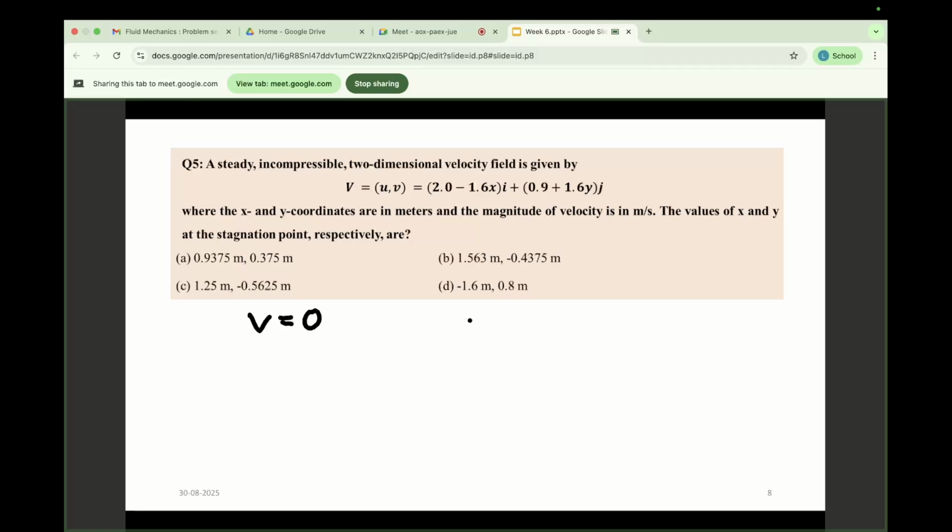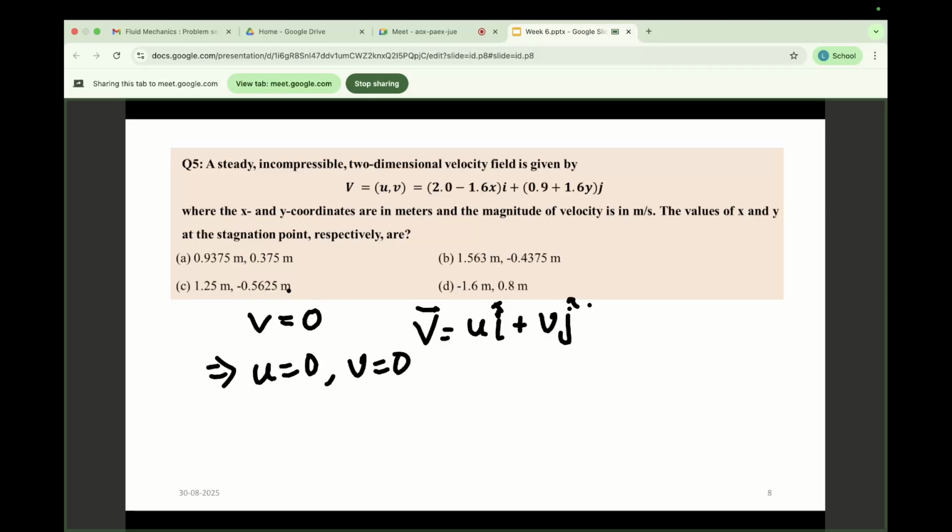So I can write the velocity vector V in terms of u, where u is the x direction velocity component and v is the y direction velocity component, and if it's 3D, then w k cap, where w is the z direction, right? So if V is 0, then small u should be 0 and small v should be 0.